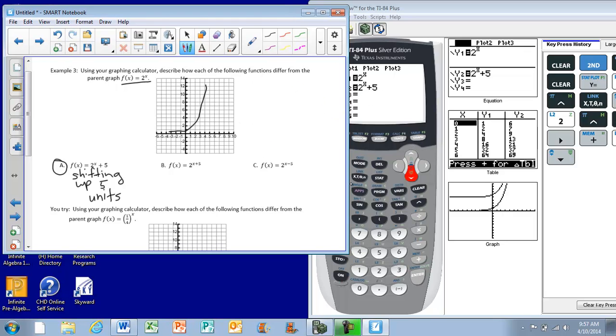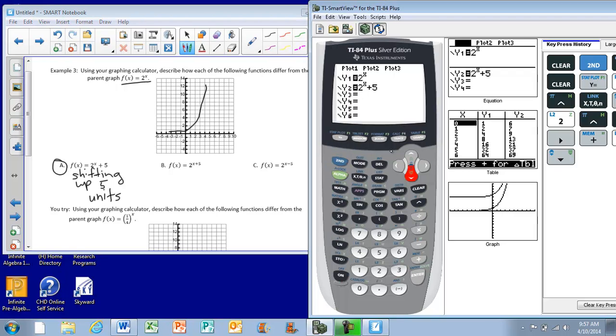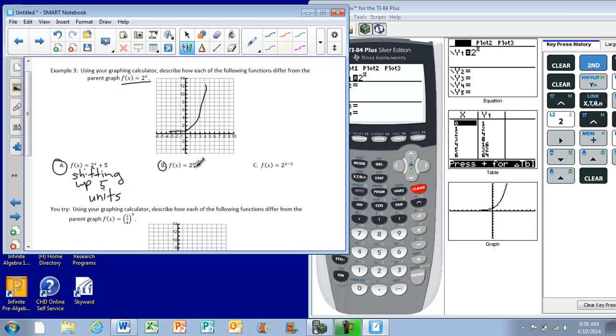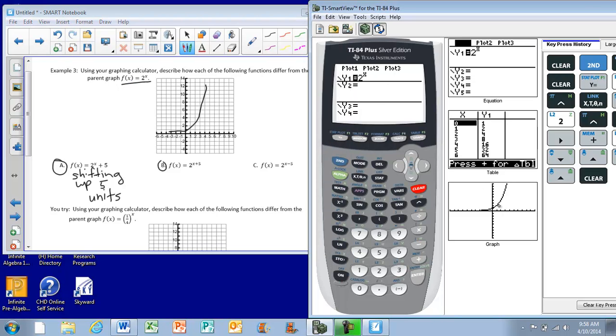If we go back and try the next one, let me clear that one out. Now we're going to compare B. What is 2 to the power of x plus 5? How does that compare to our parent graph of 2 to the x power? So we plug in 2, that little rooftop button, x, and, whoops, it didn't work.